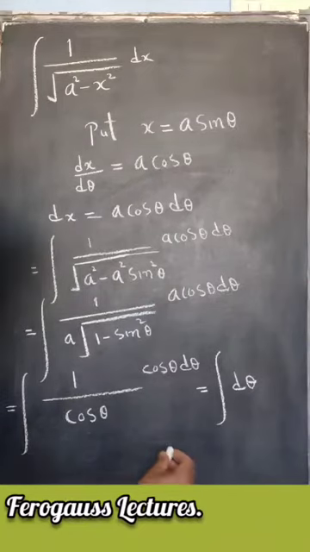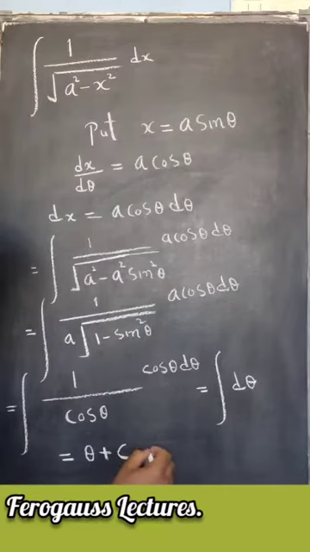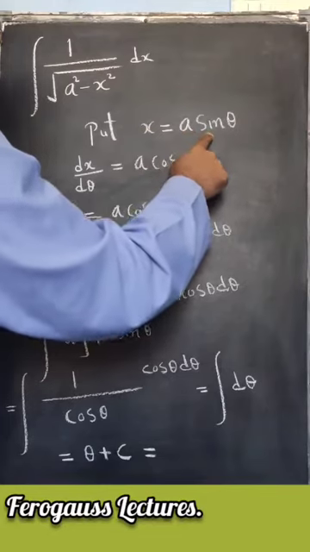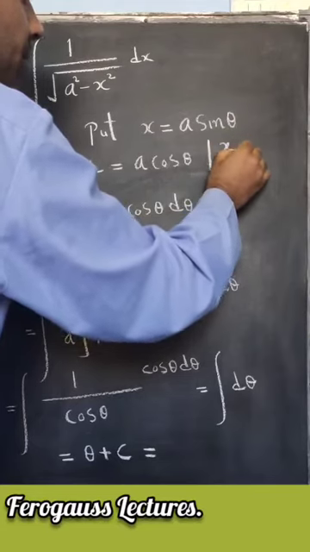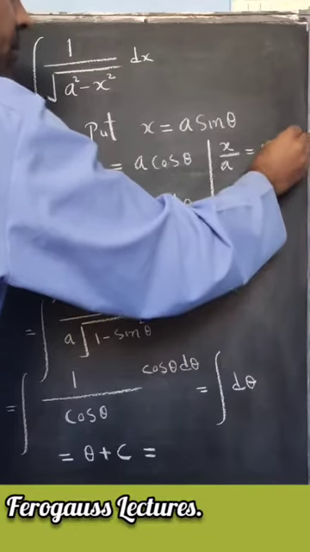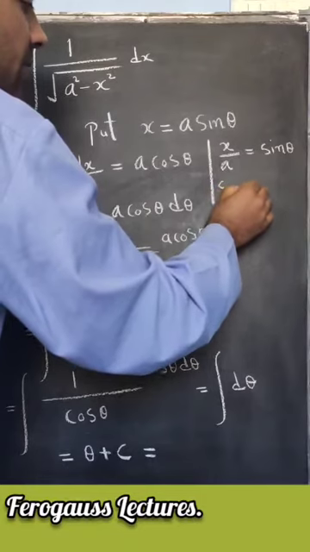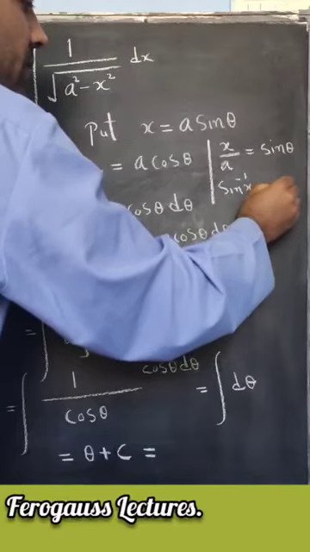That is equal to, integration of d theta is theta plus constant of integration c. Now here we have x is equal to a sine theta, so that implies x by a is equal to sine theta, which further implies sine inverse x by a is equal to theta.